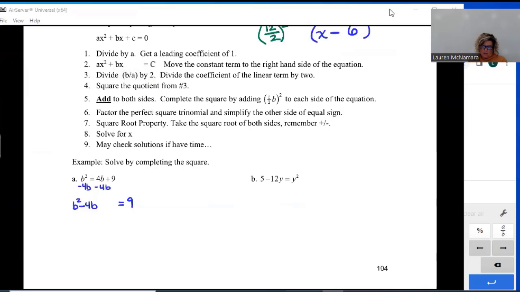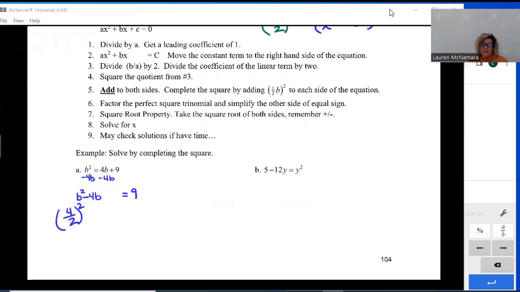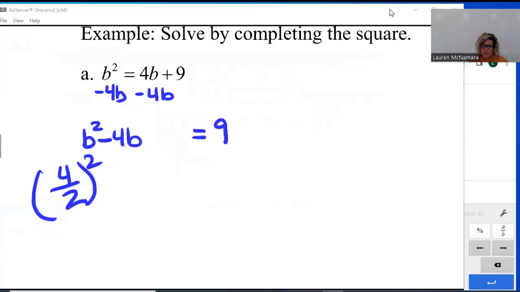So 4 divided by 2 and then squared, so 4. Add to both sides. I want to make this a perfect square trinomial. So in order for me to make this a perfect square trinomial, taking that middle term, dividing it by 2 and squaring it, I want to add 4.